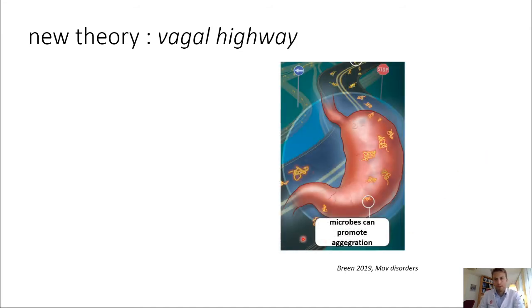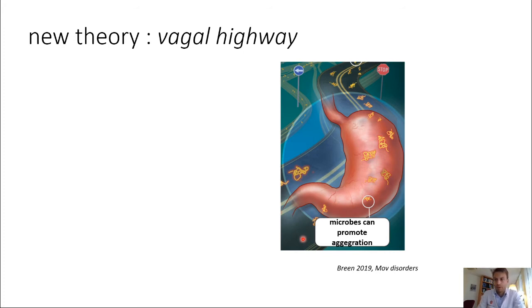So what can be of influence on this? We know that the microbes in your enteric system can influence protein aggregation and formation of pathological clumps of alpha-synuclein. If certain microbial agents are present, you have a higher chance of getting pathological alpha-synuclein in your gut, and thus influencing the vagal nerve alpha-synuclein and eventually reaching the brain.